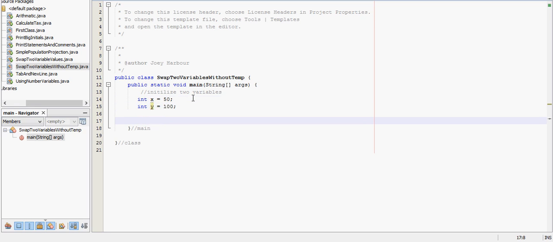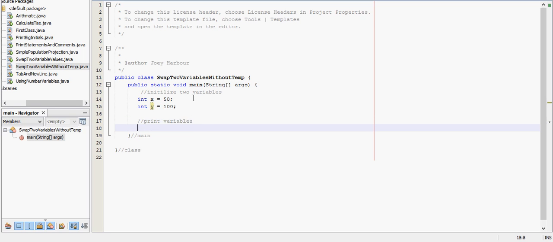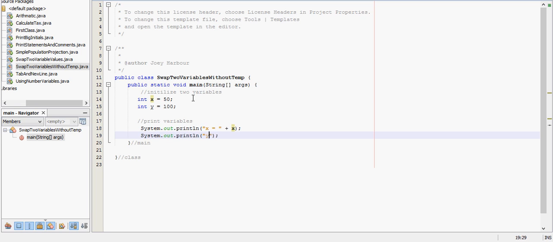Okay, so we'll print the variables. We did that before by saying x equals, with some space there, plus x, and same thing with y equals, plus y.